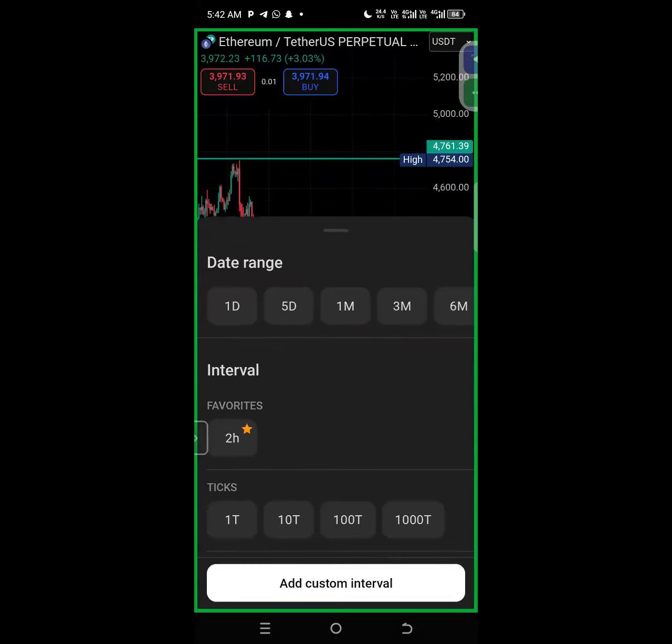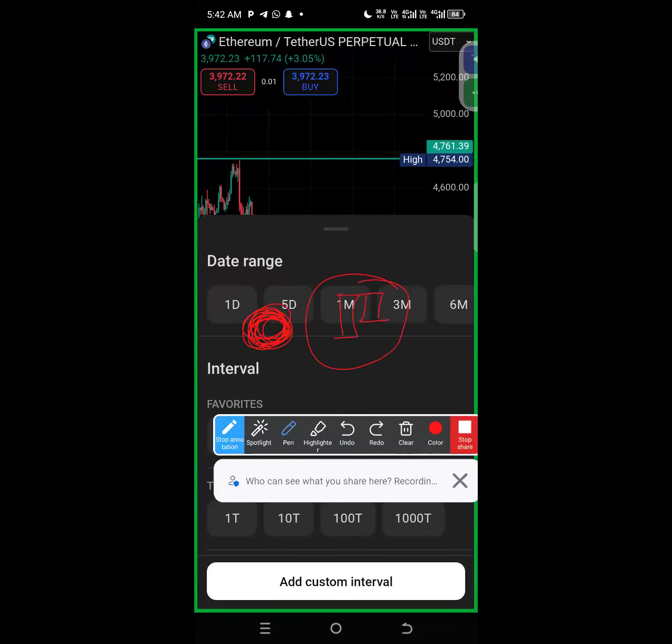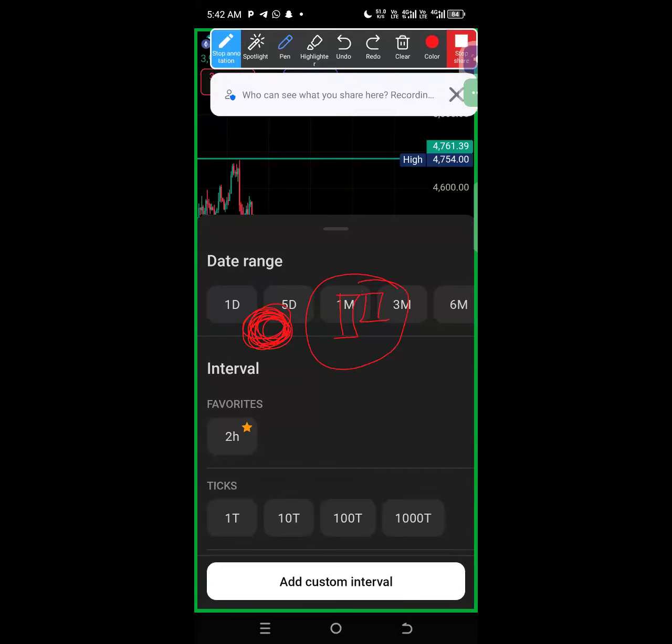The next thing is that depending on the time frame that you are using. So the question on which time frame to use, I think I've been able to settle that question.